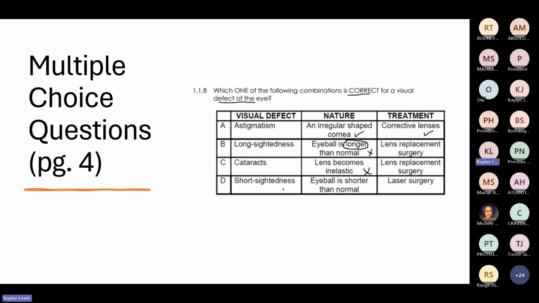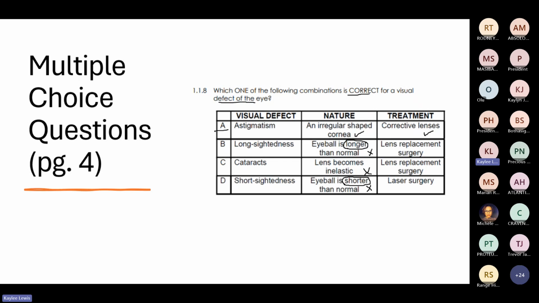And short-sightedness means I can see near, but I can't see far. And that's incorrect. So the shorter should change to longer. So once I've worked through my options, you can see the only correct answer would be A for 1.1.8.